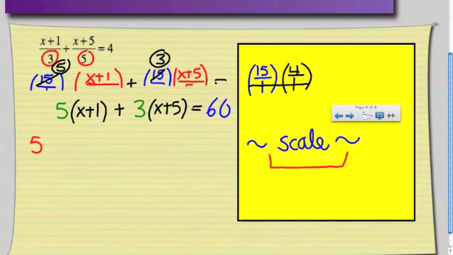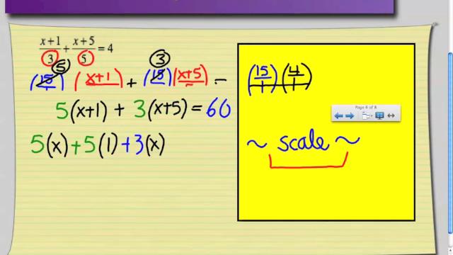I have my 5 multiplied by x. Then I have positive 5 again multiplied, oops, I want the colors to show up. Keep it with green. I have positive 5 multiplied by x. Then I have positive 5 multiplied by 1. And then I have positive 3 multiplied by x.